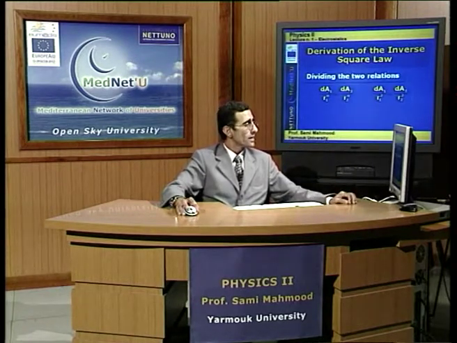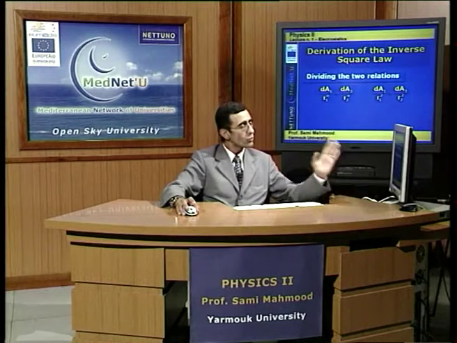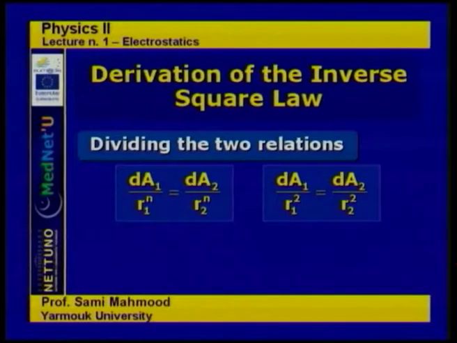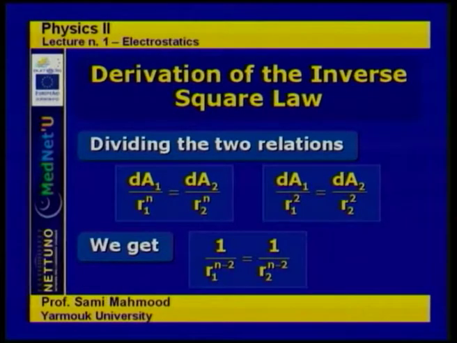Now, from these two relations that we have derived, one from the geometrical argument and the other from the force law, we divide these two results, and we get 1 over r1 to the power n minus 2 is equal to 1 over r2 to the power n minus 2.